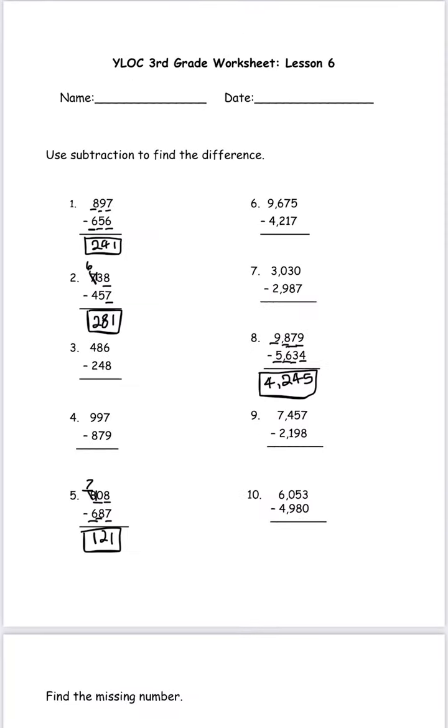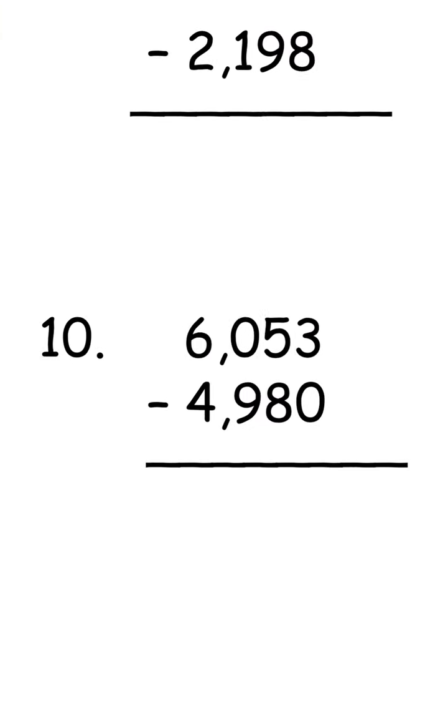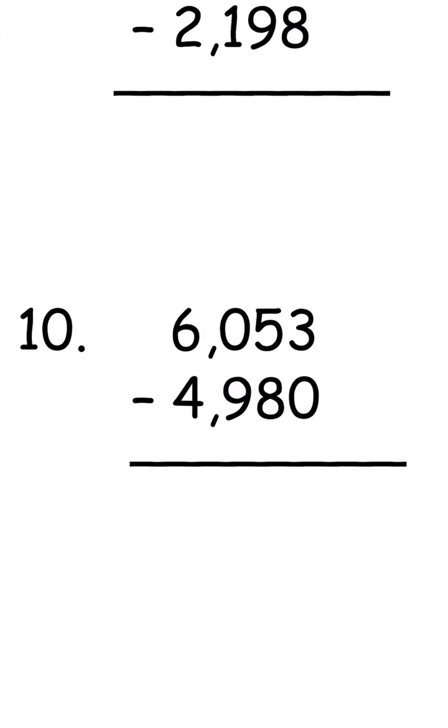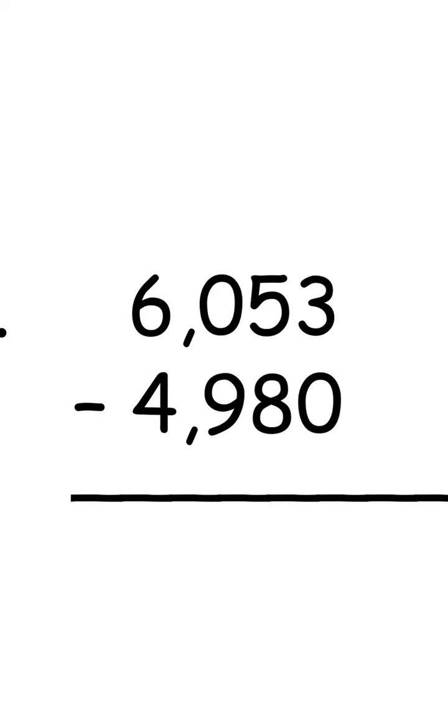Let's look at number 10. For number 10, we have 6,053 minus 4,980. So 3 minus 0 is 3, 5 minus 8.